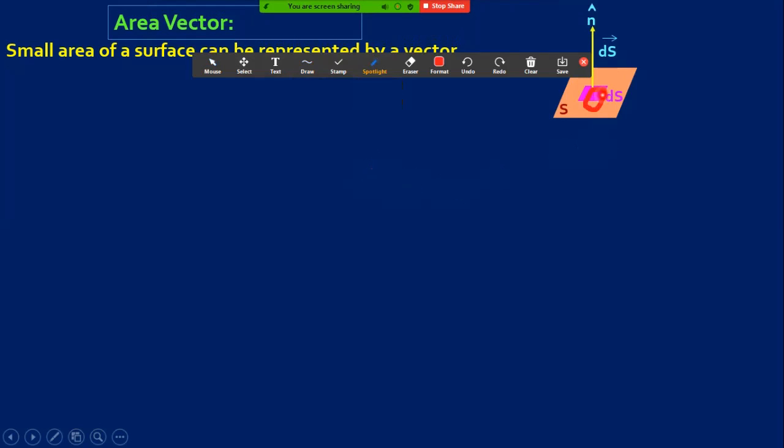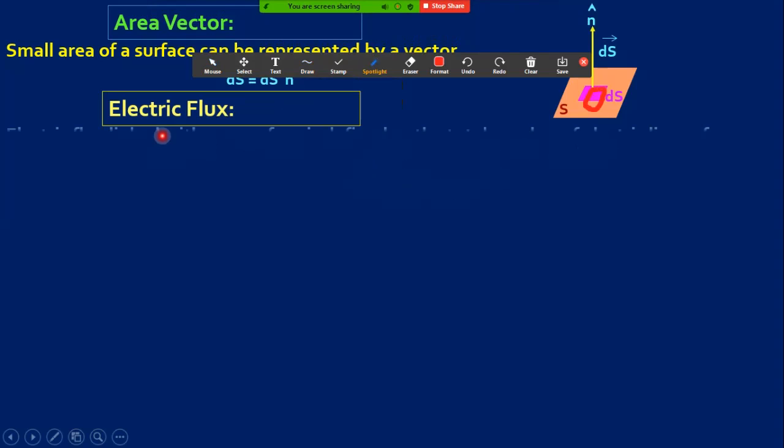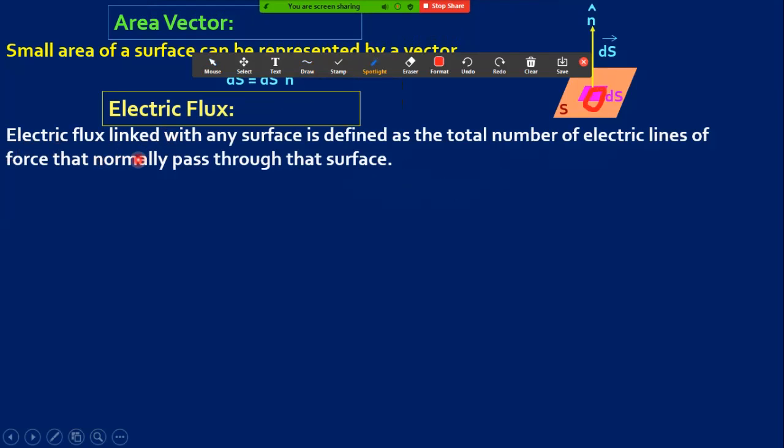Since it is a vector, it must have a direction, and the direction is perpendicular or normal to the surface of this small dS. The vector dS is equal to dS multiplied by the area vector. Electric flux linked with an area is defined as the total number of electric lines of force.